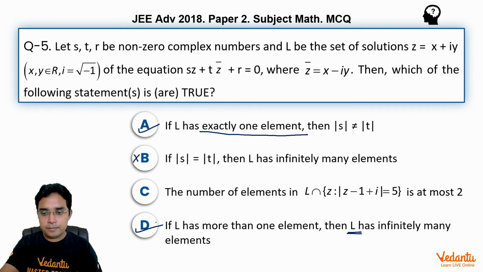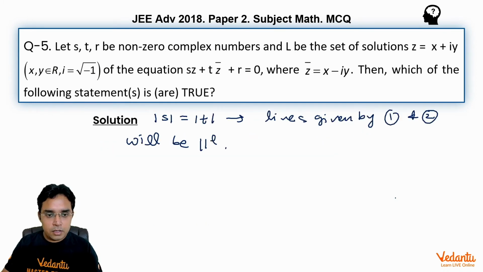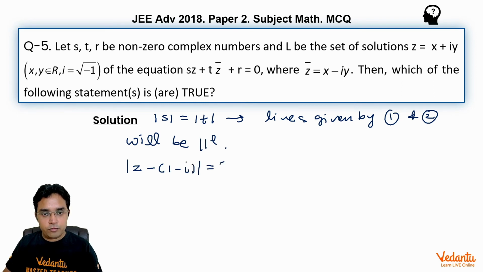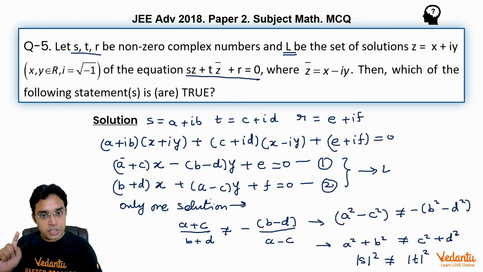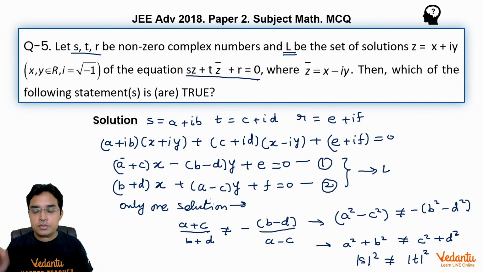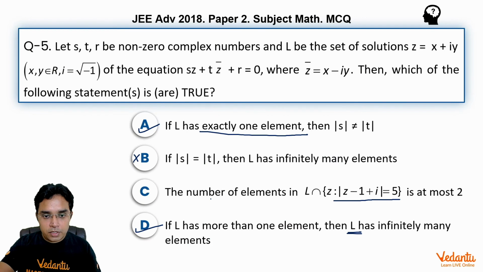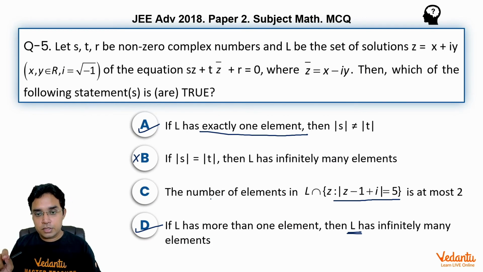Now coming to part C. To understand this, let us first understand that |Z − 1 − i| = 5 represents a circle, something like this. Now, equations 1 and 2 represent straight lines whose solutions give us set L. The option says the number of elements in L intersection this circle will be at most 2.